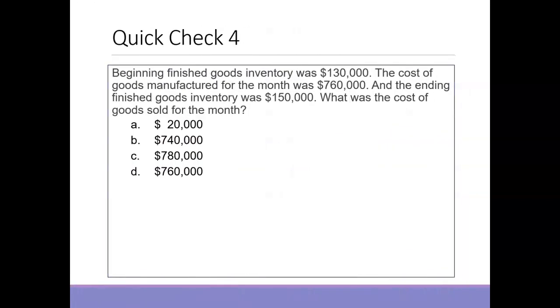Okay. Okay, last one, guys. Tell me what you think. Anyone?